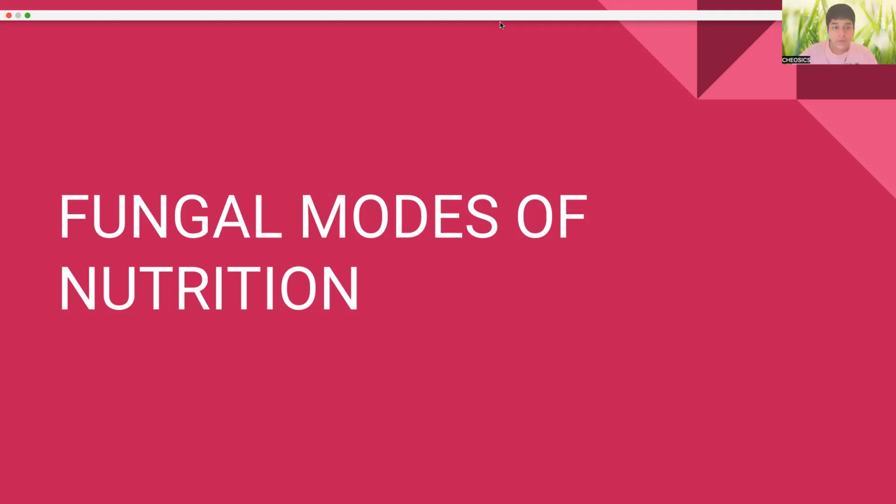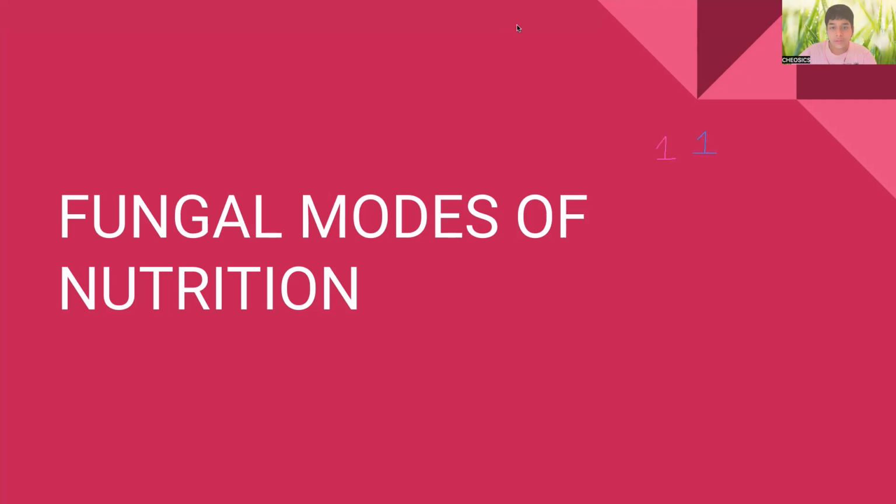The first type of nutrition you see in a fungus is saprophytic nutrition. Saprophytic nutrition is always present in fungi. What does saprophytic nutrition mean? It means that the fungus is feeding on dead matter. When a fungus feeds on dead matter, it's taking nutrition from the dead organism.